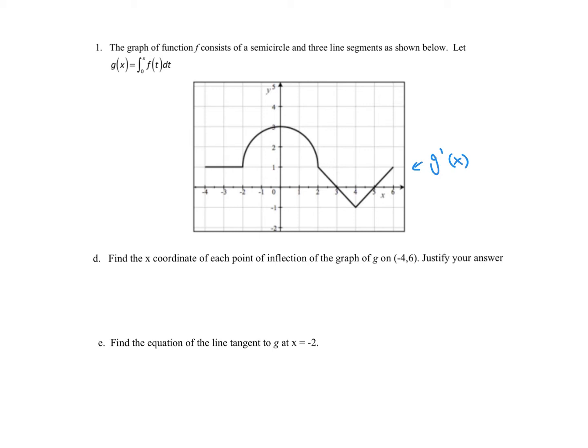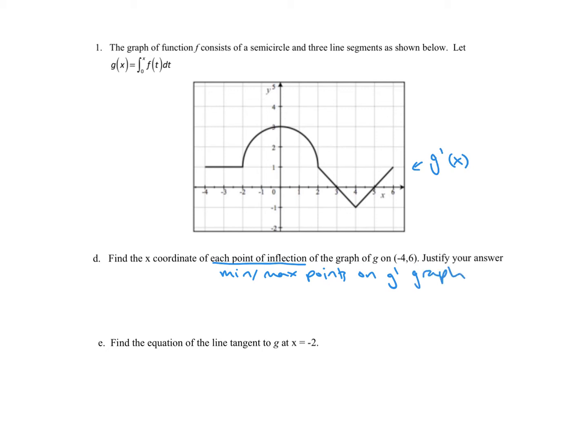Basically, the points of inflection on a first derivative graph are going to be the minimum and maximum points on your g prime graph.